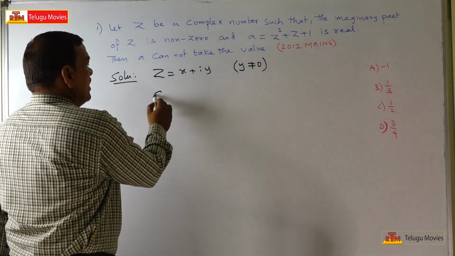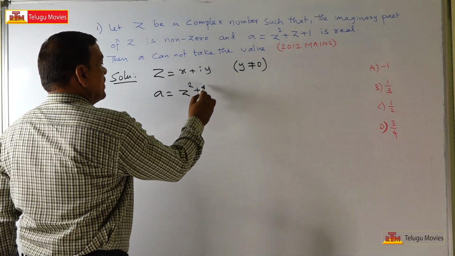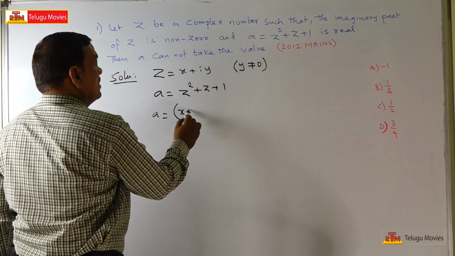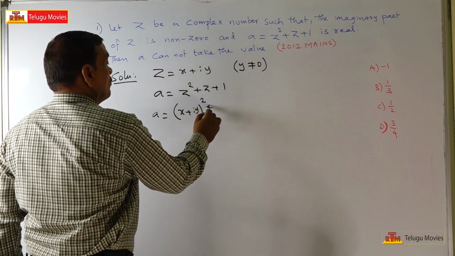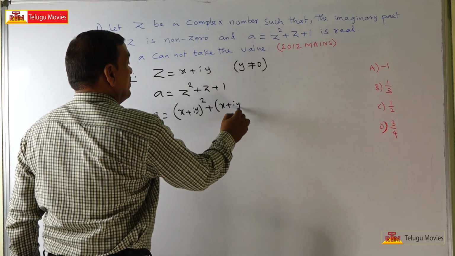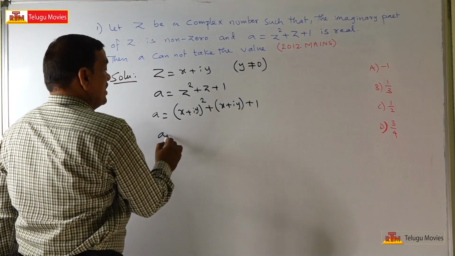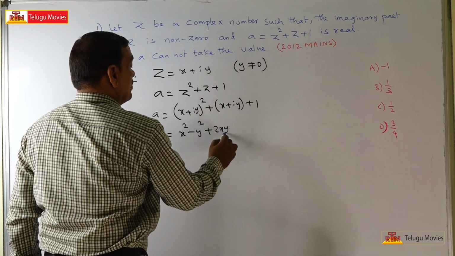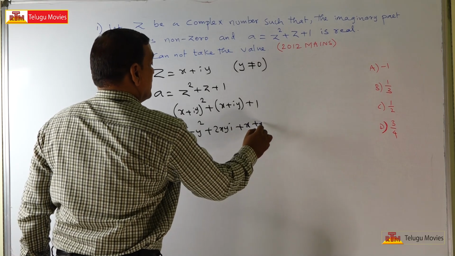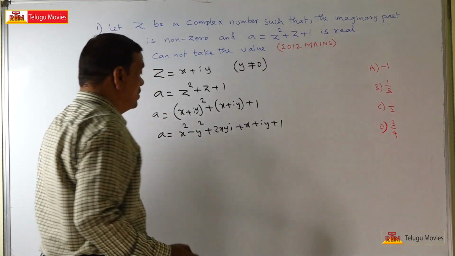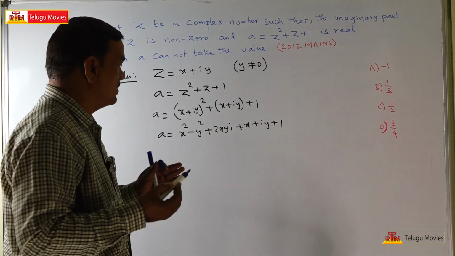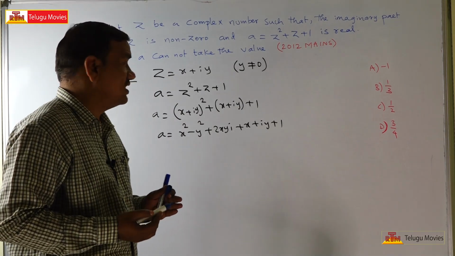What is that? A is equal to Z square plus Z plus 1. That is A is equal to (X plus iY) whole square plus X plus iY plus 1. That is A is equal to X square minus Y square plus 2XYi plus X plus iY plus 1. Take all real parts one side and imaginary parts one side, that is, try to write it in a general form.